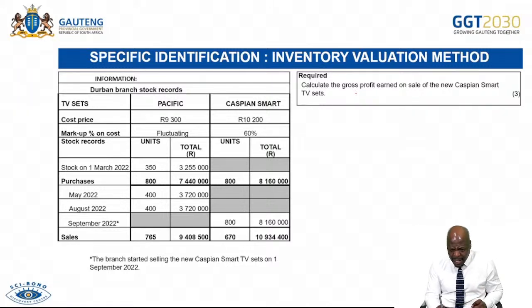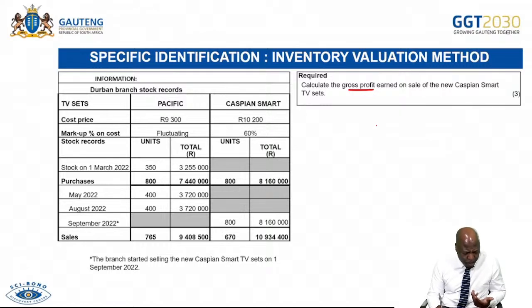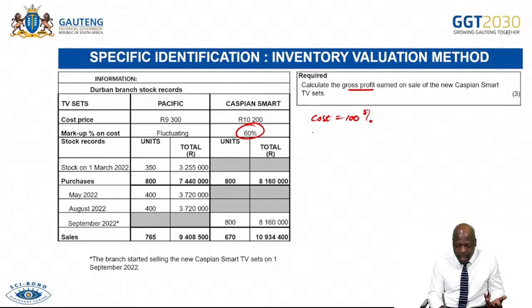What are we calculating here? Gross profit. All right, so if we want gross profit, what do we say? We are told here that the markup is 60%. Okay, so I assume you know now that cost is always 100%.